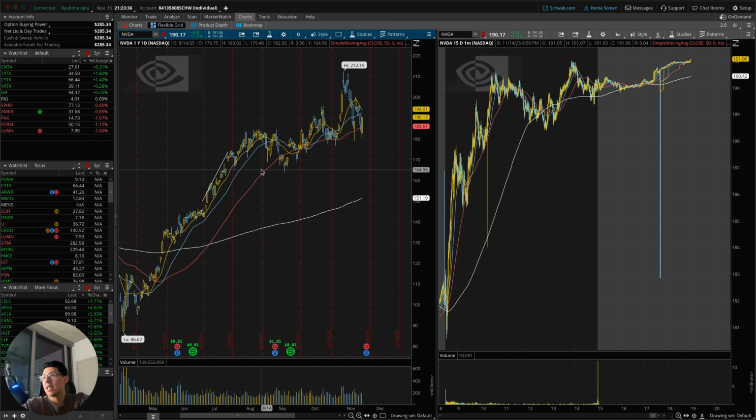Theta pretty much means how much money you're gonna be losing on a daily basis if the stock you purchased is not above the level that you picked. Let's say you were betting for the stock to move up on options; if it doesn't go up, if it moves sideways, or if it goes down, on a daily basis, once again, it all depends on the numbers that they give you in the theta and delta.